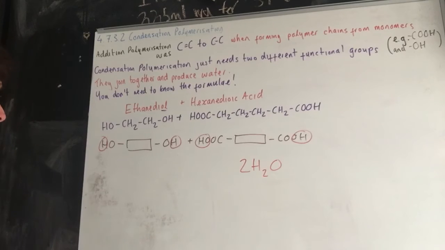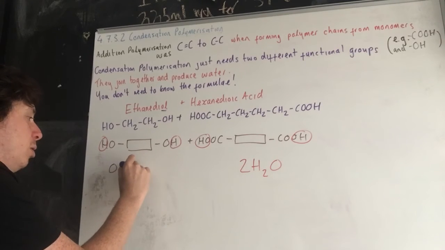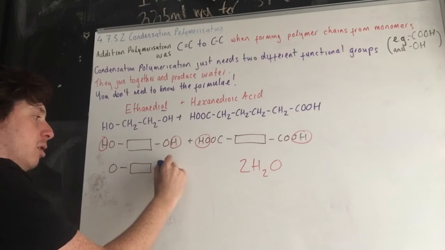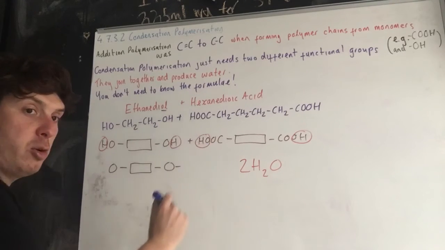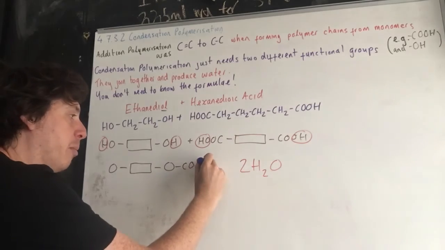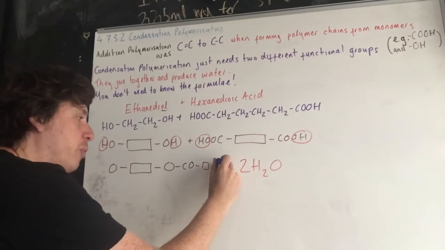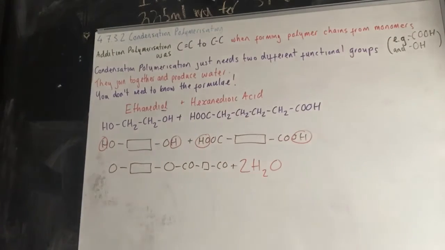What's the other product? The other product is what is left. Okay, so we end up with O, box, because we're not interested. We end up with CO, or OC, doesn't really matter which way it goes round. Box, CO, because we've sacked off the water out of this and made this separate product.